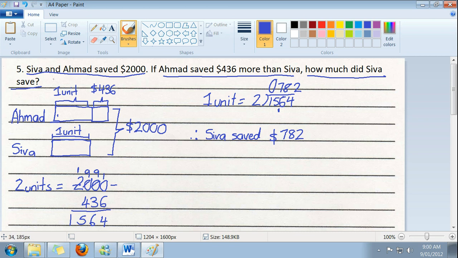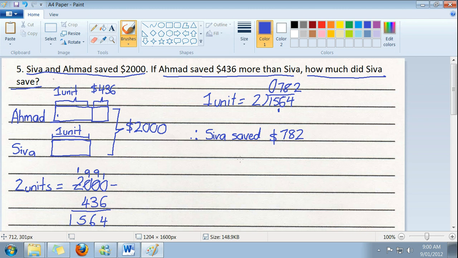In other words, Ahmed's money plus Siva's money is 2,000. Then what I did was subtract 436 from 2,000. Then I got this amount. But because there were two units and we wanted to find one unit, we divided it by 2. Okay? So that's why our answer is 782.